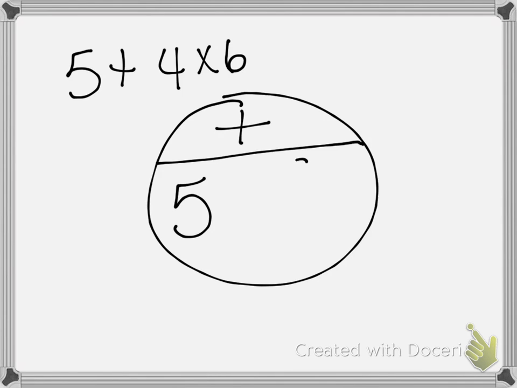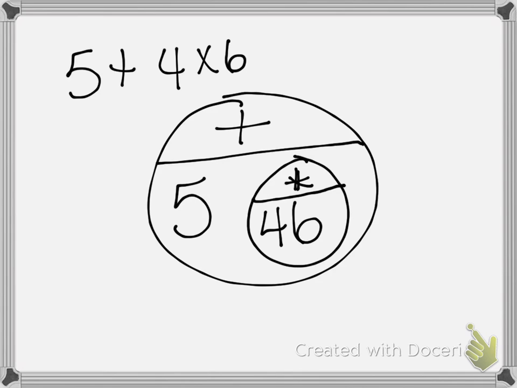Then you put a subcircle in, tell the computer you have another thing to do, and you put your asterisk in, and you'd have the 4 and the 6. But let me move that up a little bit so that way you don't think I'm doing 46. Don't want to confuse anybody. 4 and 6. All right, so the computer would then evaluate this as saying 4 times 6 is 24. 24 plus 5 is 29.